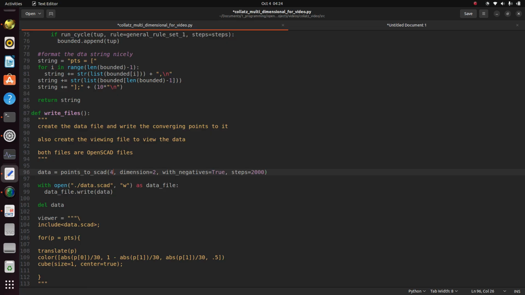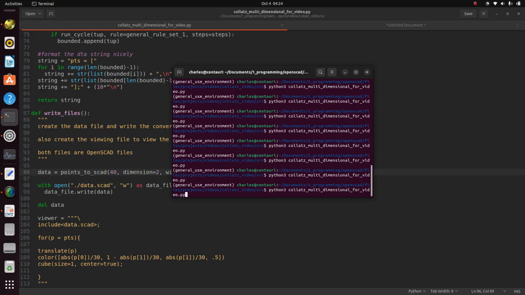Maybe let's go to 40 instead, if you just want to search a larger space of values. And in this version, we count to 200 steps. It's the max number of steps that the program will consider before it says, okay, this thing probably doesn't converge.